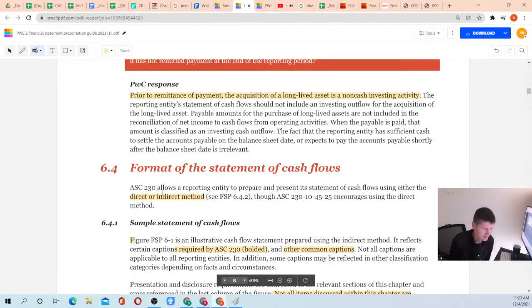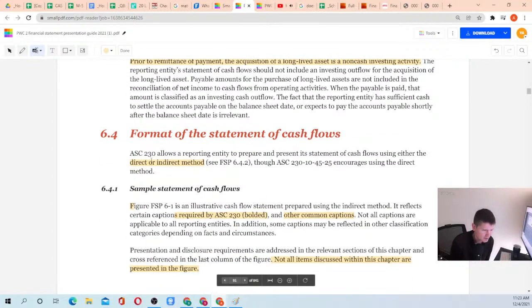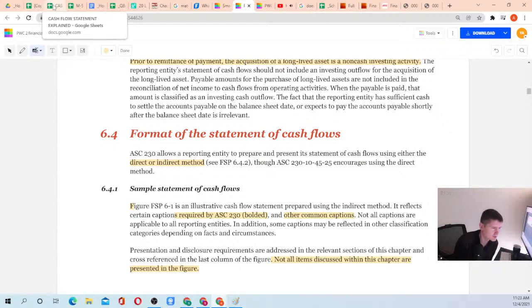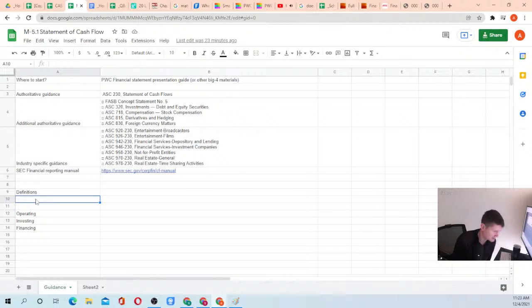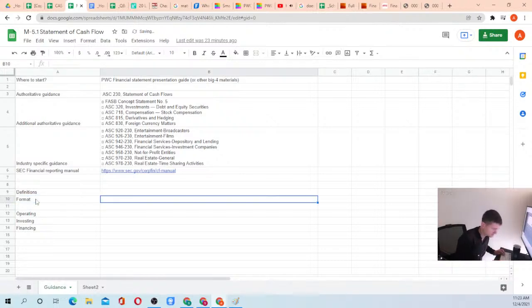Format. ASC allows a reporting entity to prepare and present its statement of cash flows using either the direct or indirect method. So let's go to our lecture materials. Format. Direct or indirect.